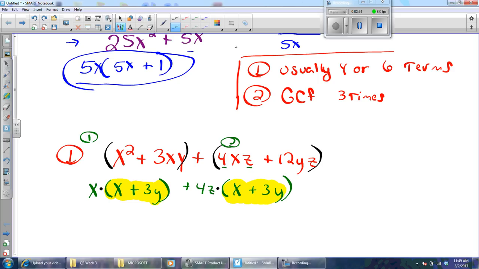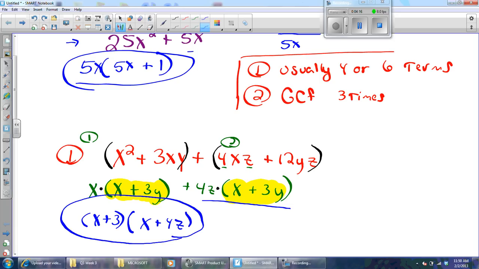So here comes my third GCF. And this is the easy part that screws kids up, but it's so simple. This highlighted thing, it gets GCF'd. I'm going to pull an x plus 3 out of the first term. And what's left there? Just a plain old x. I pull the GCF out of the second term right here. What's left? A 4z. And there you go.